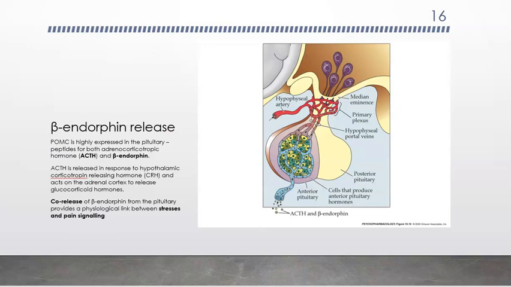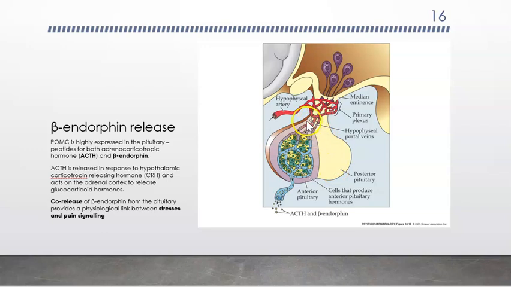Now, specifically when talking about endorphins, we can talk about beta endorphin. Beta endorphin is one of the subtypes of endorphins, and it comes from POMC, right?